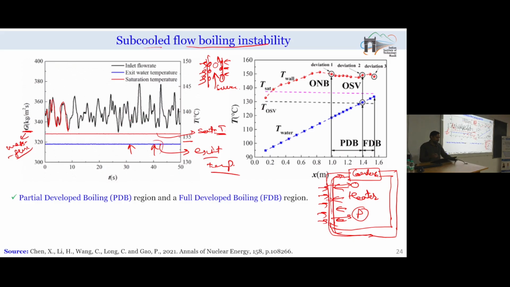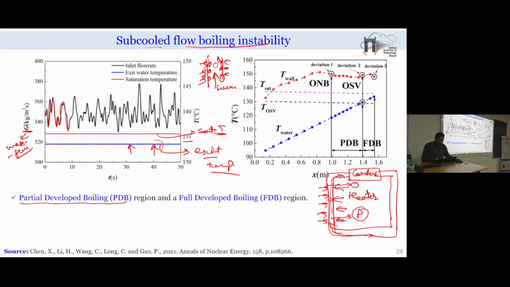The instabilities which typically take place because of this effect are called subcooled flow boiling instabilities, and the major reason for their occurrence is partially developed boiling. What is the meaning of partially developed boiling? All the bubbles have formed, but immediately after that they have condensed.